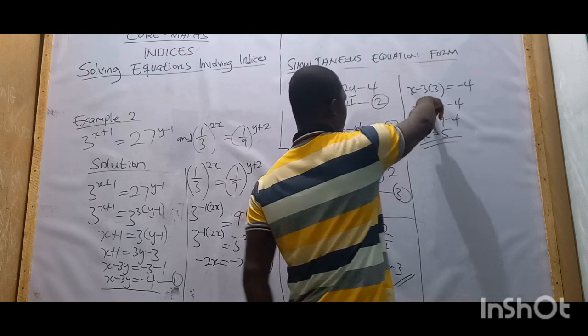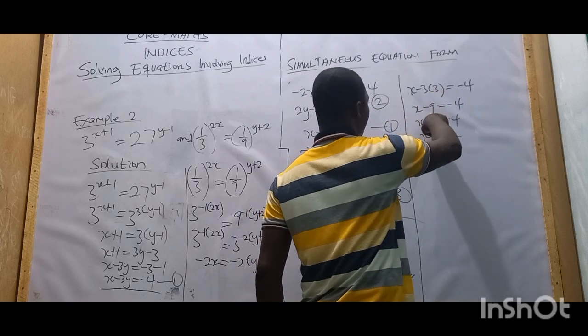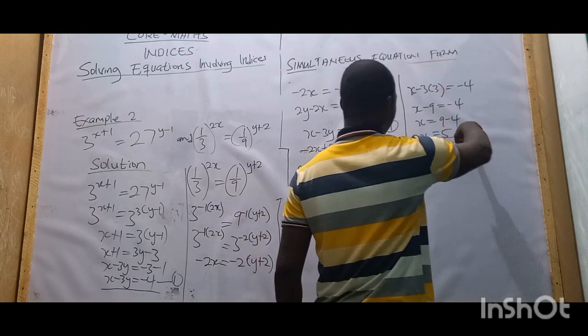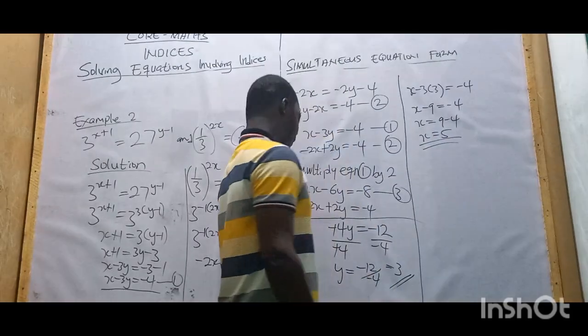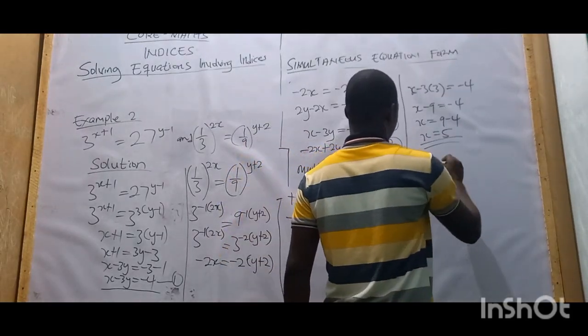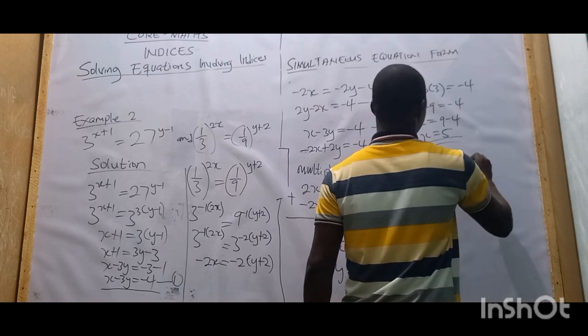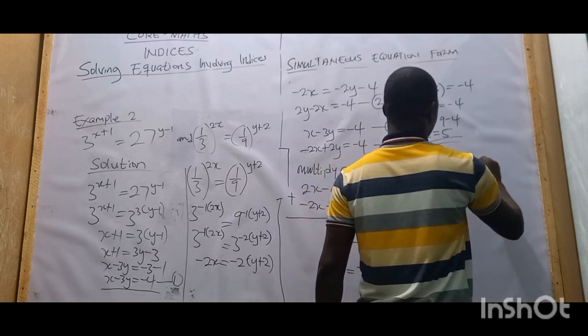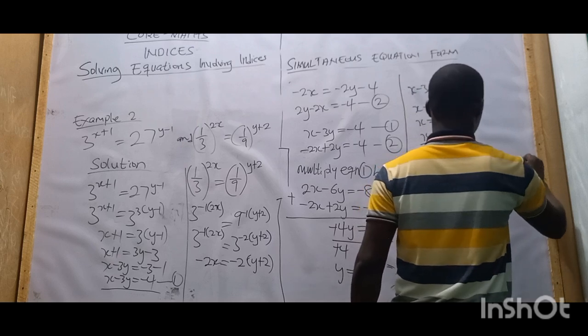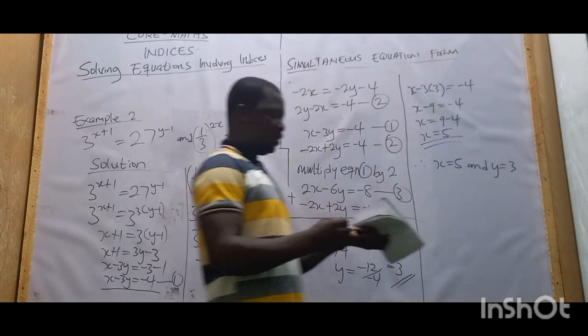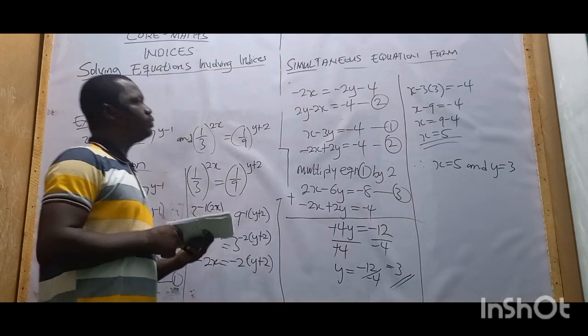So here 3 times 3 gives you negative 9. Move this one to the other side, it becomes positive. So x is equal to 5. So therefore, x equals 5 and y equals what? 3. So that's it. I'm done with example 2.